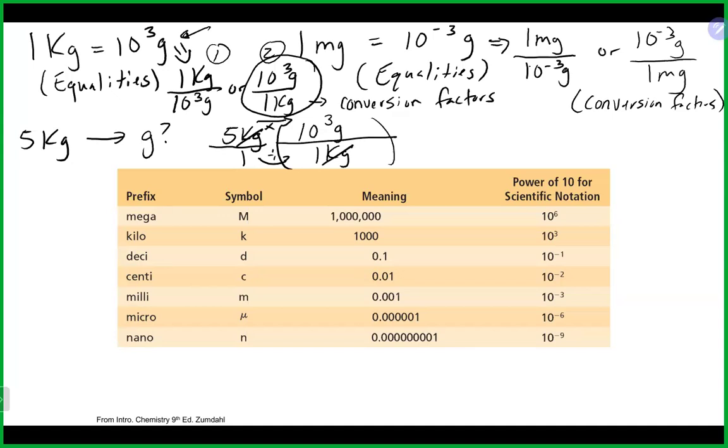And here you would take 5 times 1 times 10 to the 3, punch into your calculator correctly, which we'll talk about also in this chapter shortly. And if you do that, you will end up with 5,000 grams. Grams is a smaller unit than a kilogram, right? So you have more of it than you do the larger unit of kilograms.